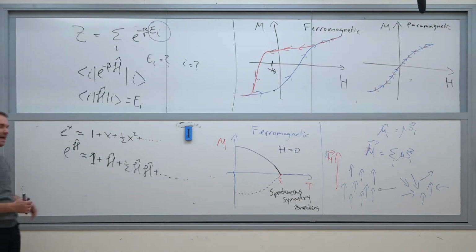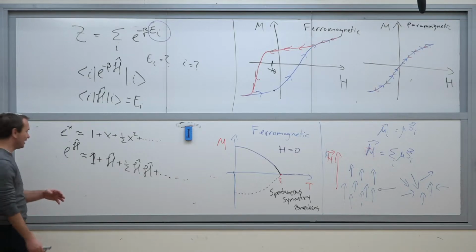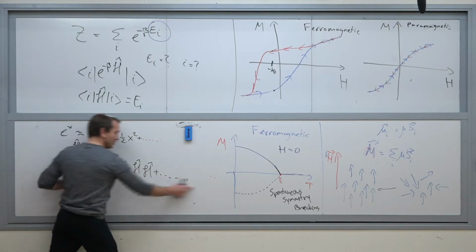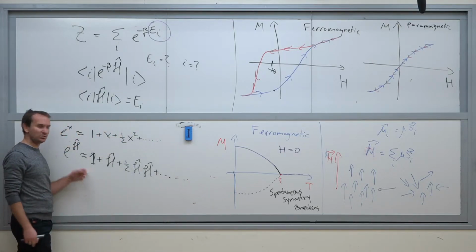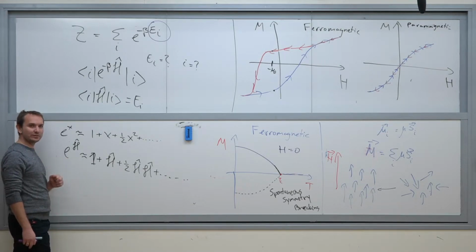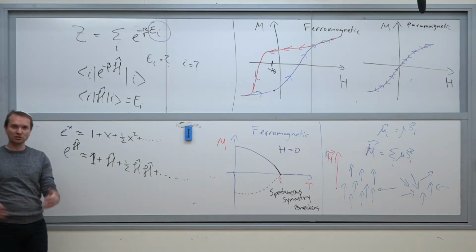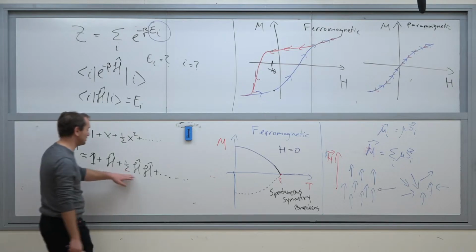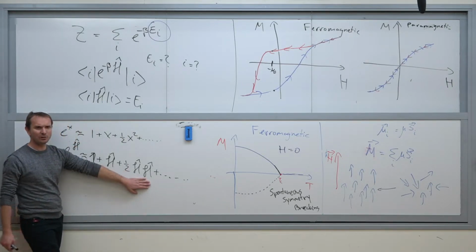It's just a lot of multiplications of Hamiltonian by Hamiltonian, and this is easy, I know how to do it.